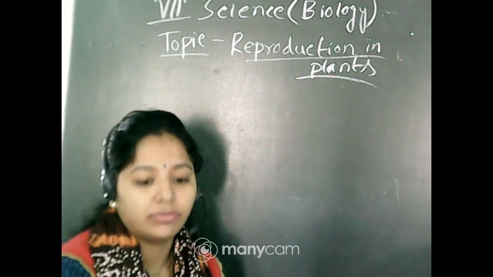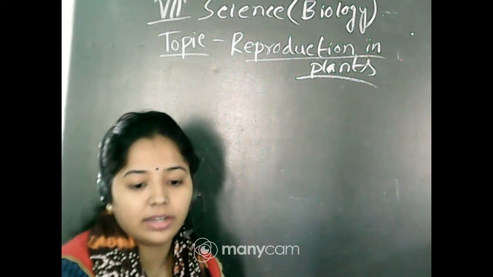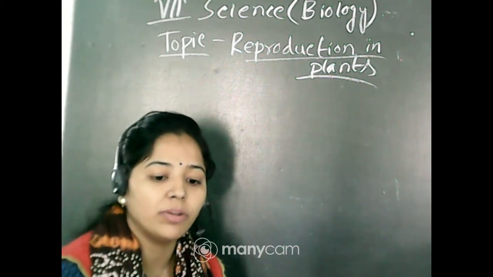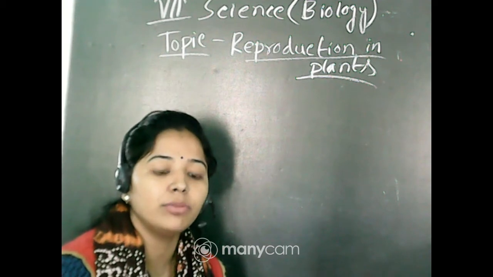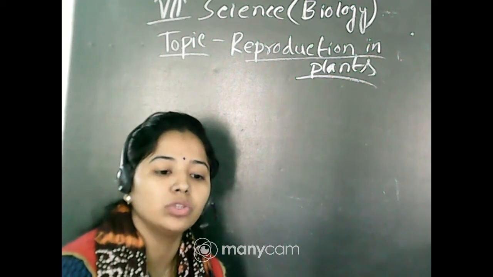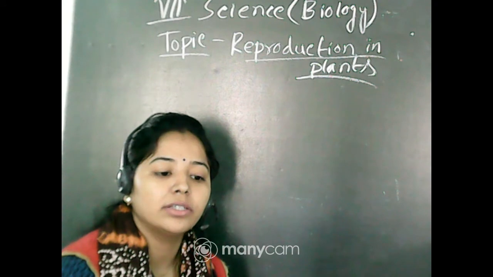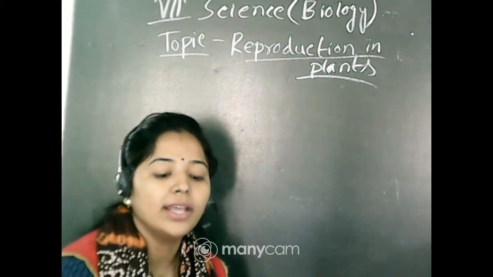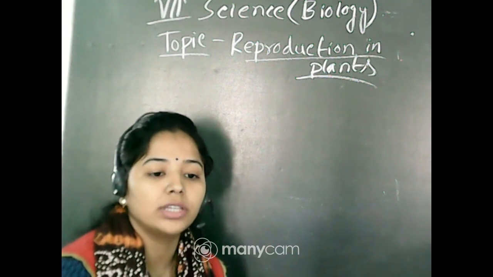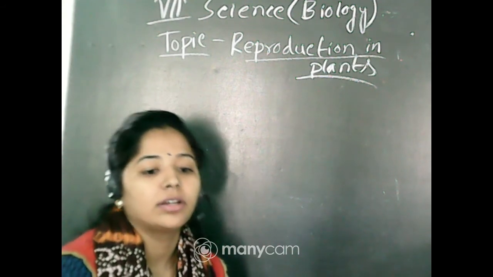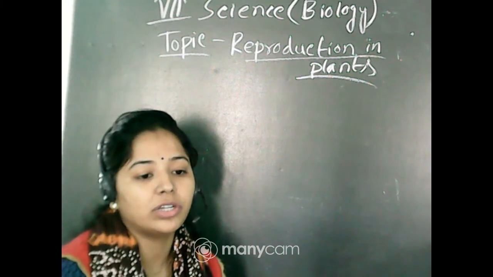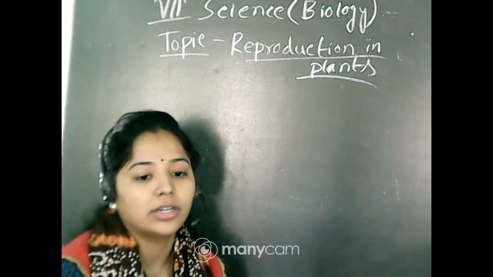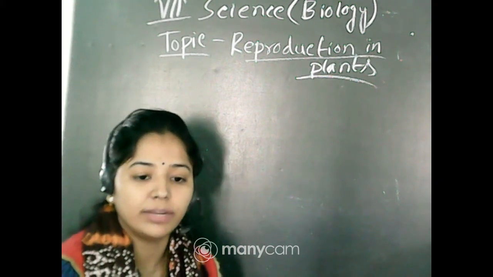In sexual reproduction there is involvement of both male and female gametes, from the male reproductive part and the female reproductive part, and the fusion of male and female gametes takes place.